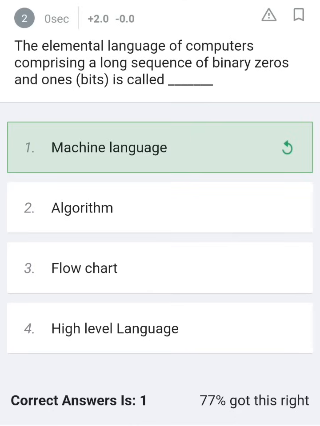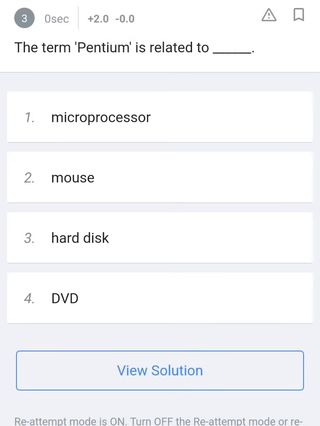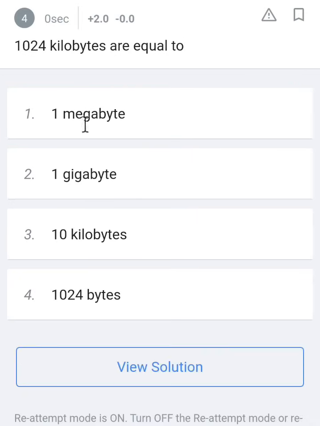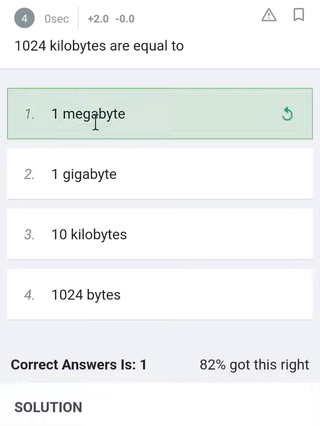Next question. The term Pentium, Pentium i3, i5, i7, i9, what are they called? It is called a microprocessor, the fourth generation computer.